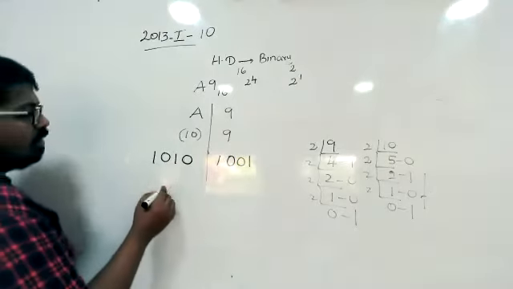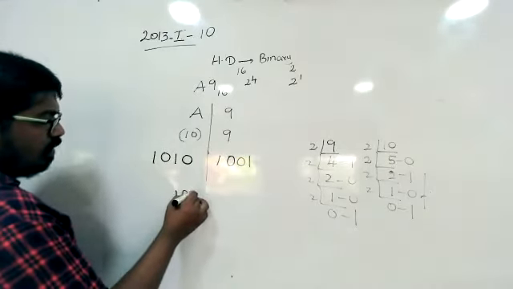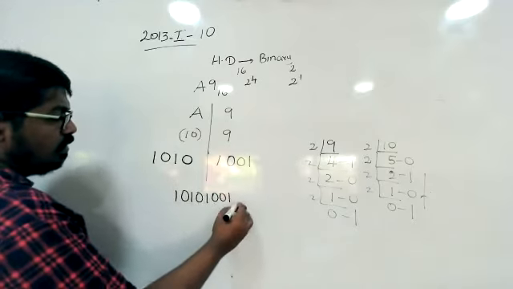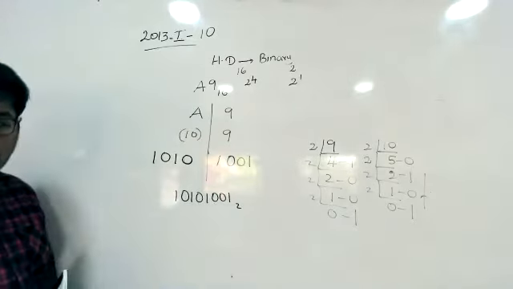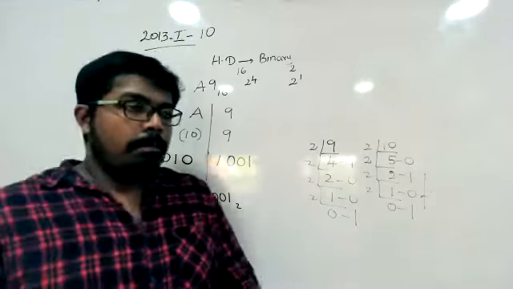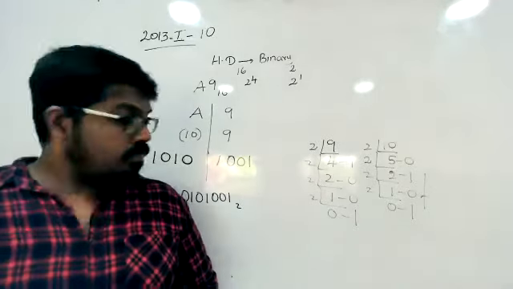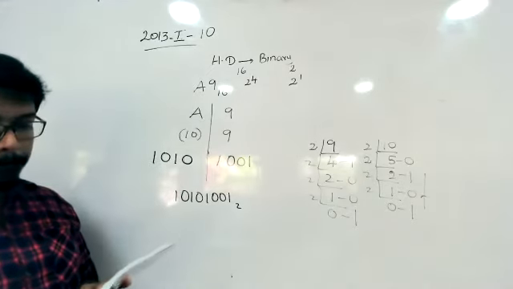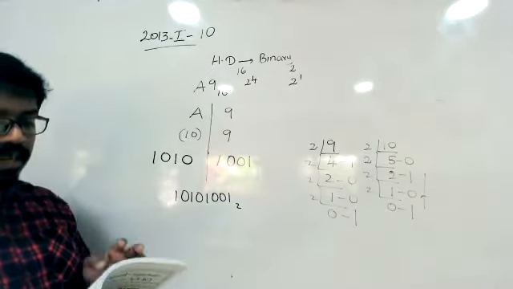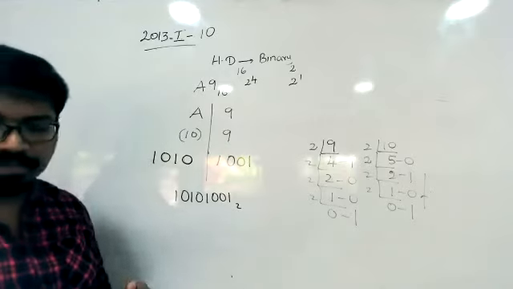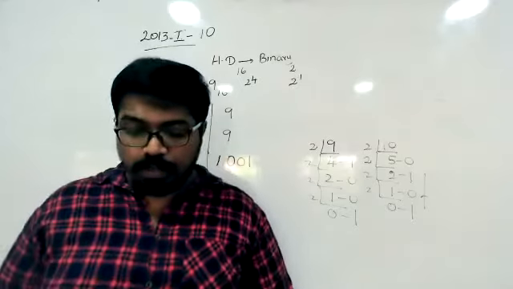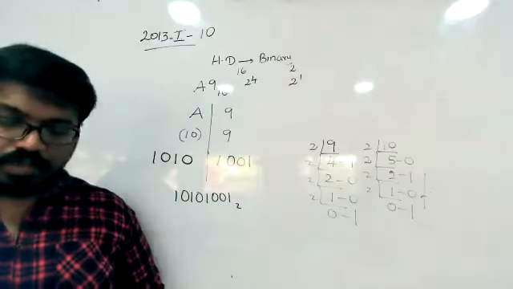When we combine this, 10101001 base 2. Right? So the answer option will be the second answer option. So that's the end of 2013 paper, question number 10.